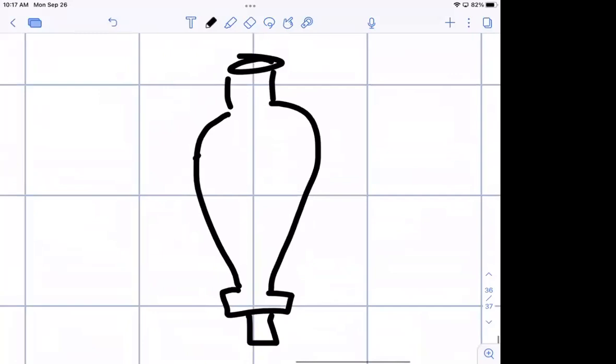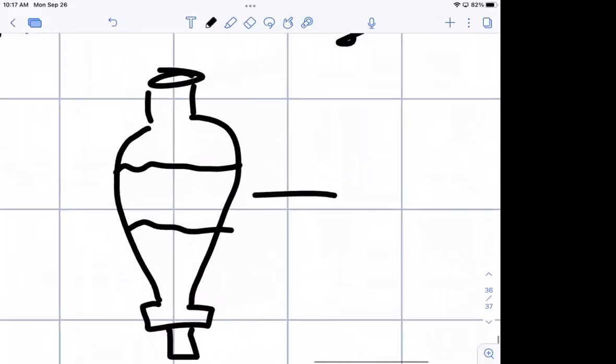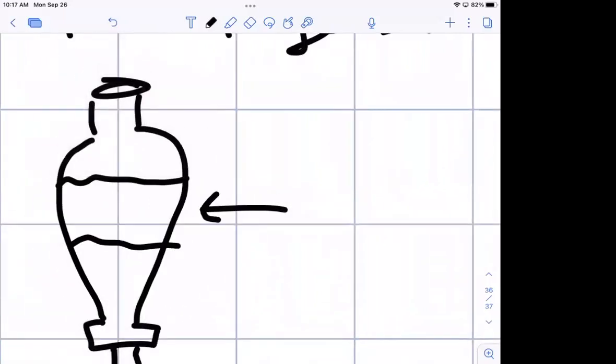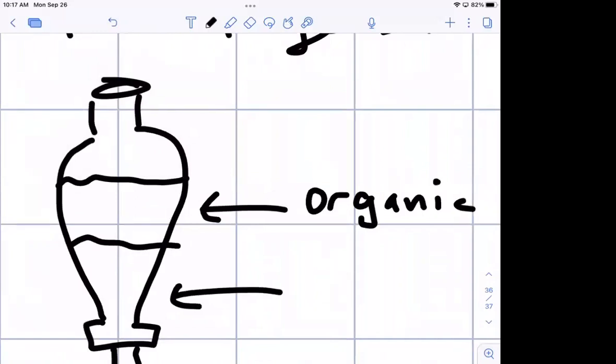so you'll have in a separatory funnel, right? If the two solvents or the two liquids are immiscible, you'll have, let's just say, for the sake of argument, that the top layer is organic. And the bottom layer is water.